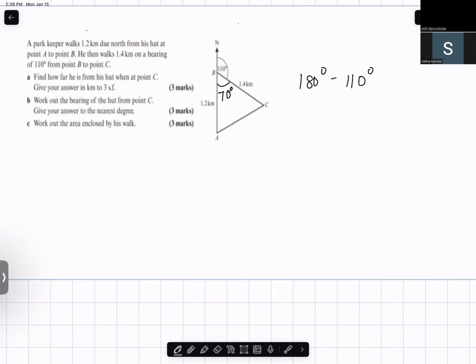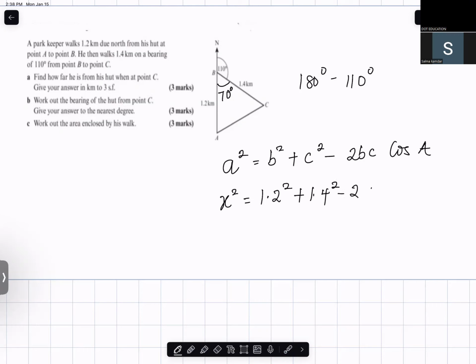I'm applying the cosine rule, which is a squared equals b squared plus c squared minus 2bc cos A. I'll make it x squared equals 1.2 squared plus 1.4 squared minus 2 into 1.2 multiply 1.4 cos 70 degrees.